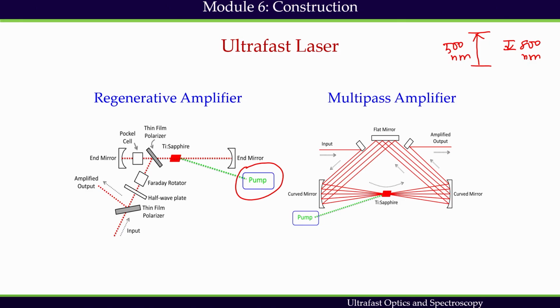Since the sapphire host is birefringent, this crystal must be cut so that both the pump laser and amplified pulse polarization are along the crystal optic axis. There are two different types of amplifiers, but before amplification we have to remember that we have an oscillator.